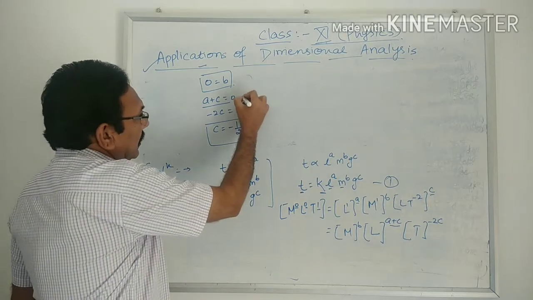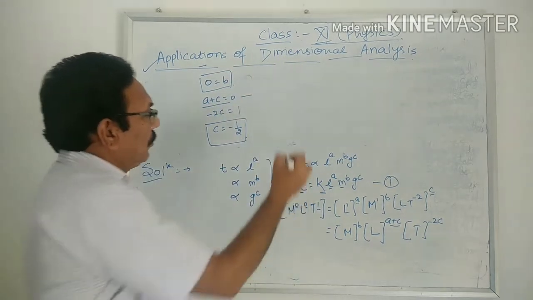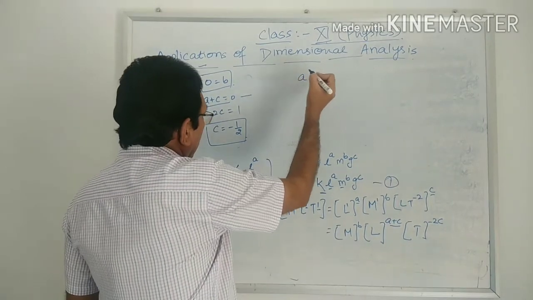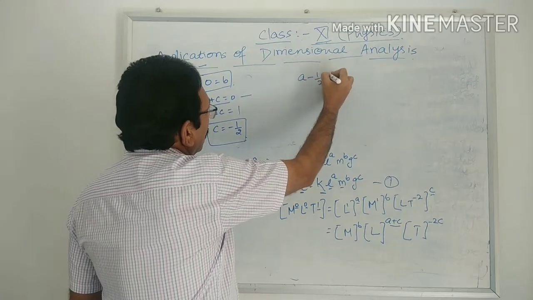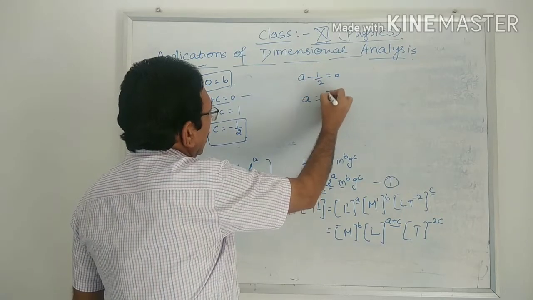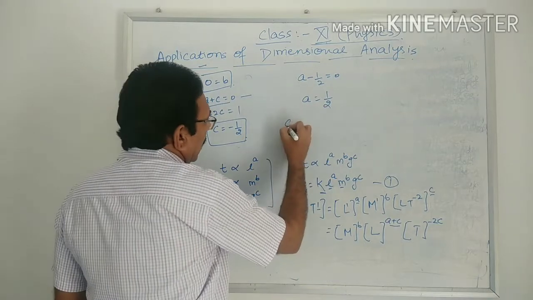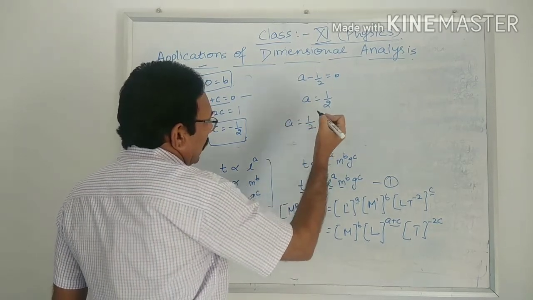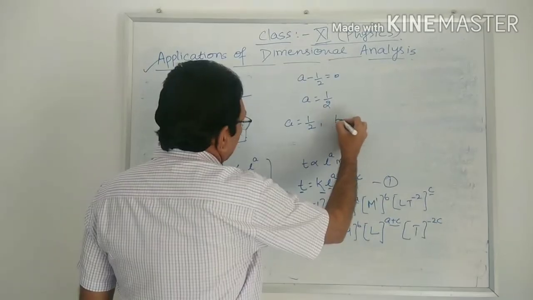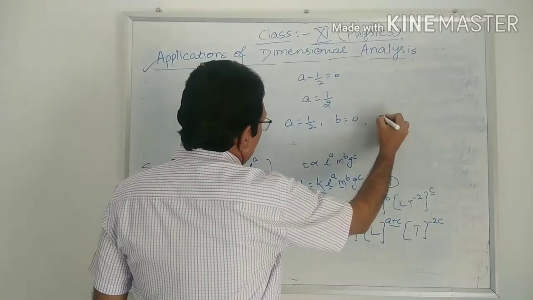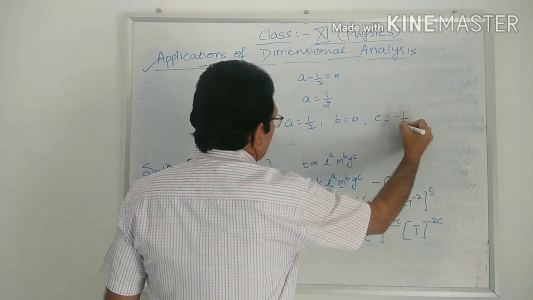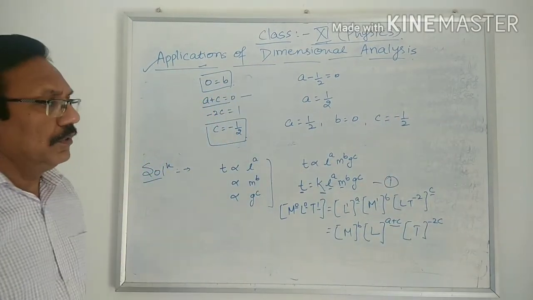Place the value of C here. So we obtain A minus 1 upon 2 equals 0. So A equals 1 upon 2. Now we have A equal to 1 upon 2, B equal to 0 and C equal to minus 1 upon 2.